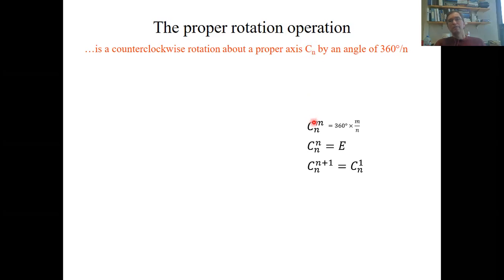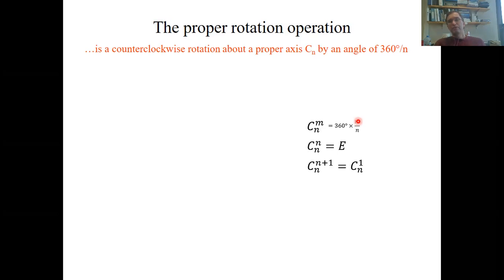And the number of times we apply this symmetry operation to this axis is indicated by a subscript letter m. So overall, a symmetry operation C_n^m is equal to 360 degrees over n times m. So that defines a symmetry operation associated with a proper rotational axis.